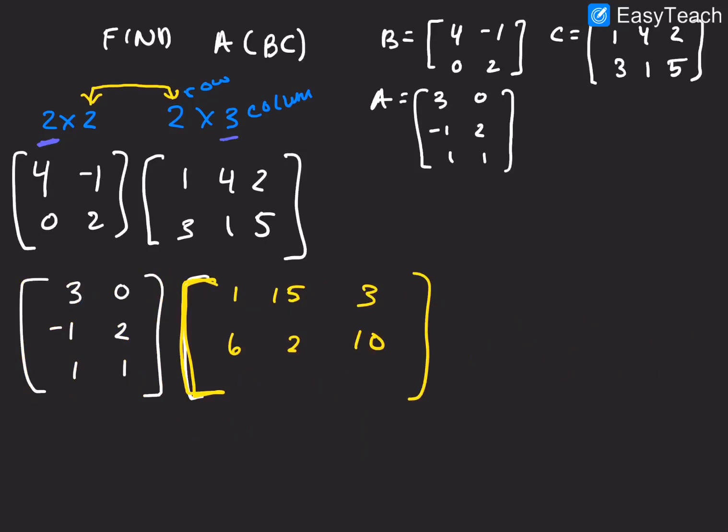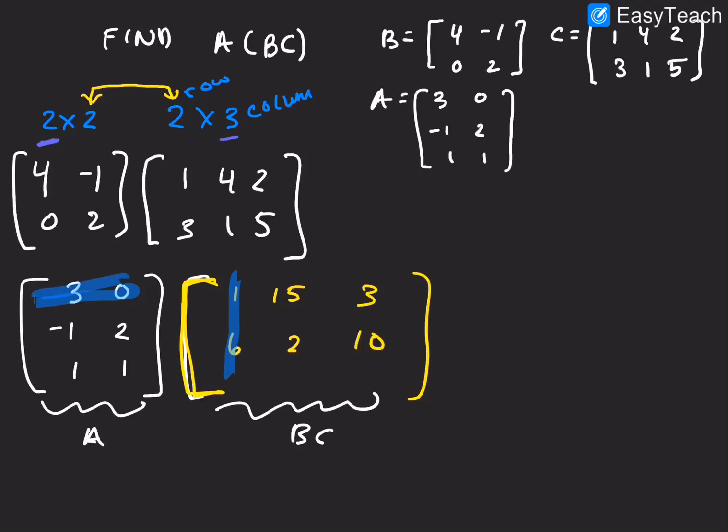Okay, now that I have my B times C matrix, again this is B, C, and this is my A. Now it's asking me to multiply the A matrix times the B times C. I have to do the exact same thing with these two matrices. So this first row, I'm going to multiply to this first column.